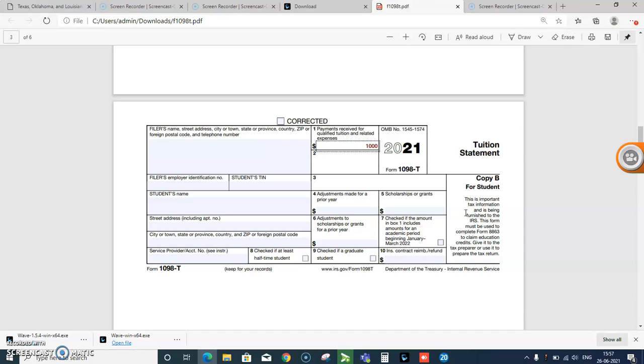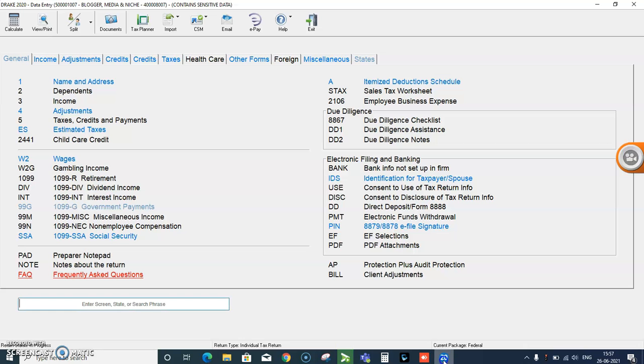So whatever I have discussed, I am going to show you in the software Drake. So let's assume we have payments received for qualified tuition and direct expenses of $1,000, and this is for the taxpayer we have in our Drake software.